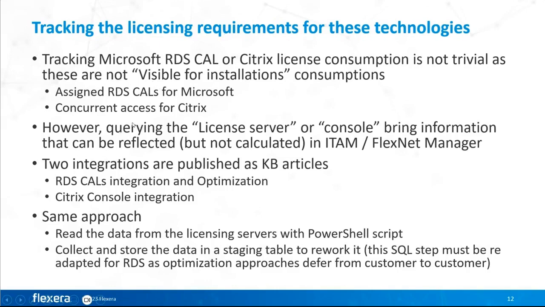Once you have this data, the second step, which will be easily understood from the documentation, is that we read the data and allocate users to RDS CAL licenses. This is a very simple process: a business adapter reads a list of users and allocates them to the licenses. This other one allocates the servers reported by the console to the licenses with the consumption, because you can force the consumption when you do a server allocation to a license.